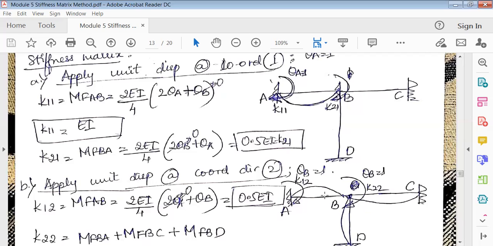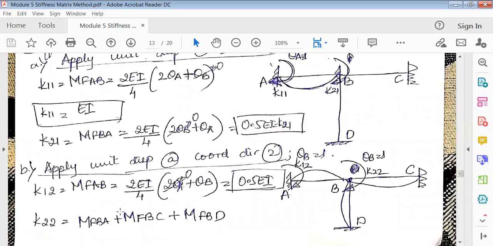It's all clockwise. So first it will bend BC, then BD, then BA. It pushes BC downward, it pushes BD to the left side, and it pushes BA upward like this. So now all three members are subjected to displacement.